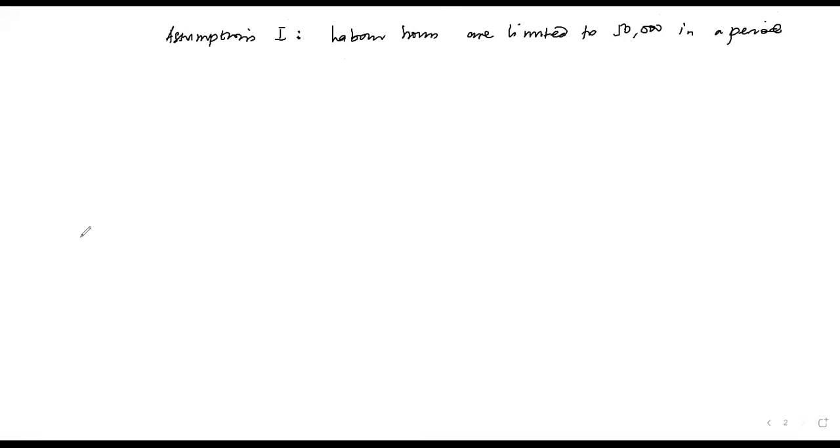So assumption 1, labor hours are limited to 50,000 hours in a period. This is our first assumption.